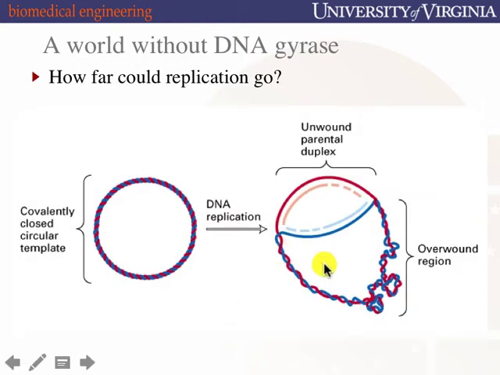So we get an overwound region of DNA, which physically stalls the replication forks, eventually leading to DNA breaks, which then lead to cell death.